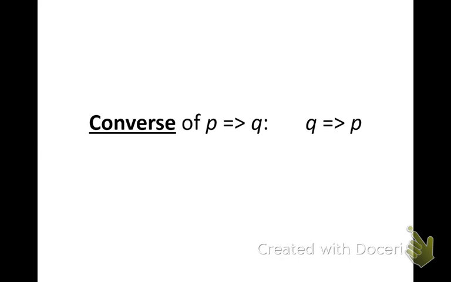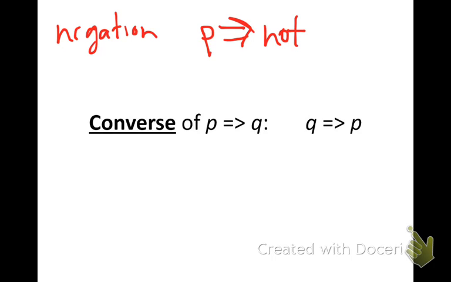Negation is if P, then not Q. You negate the conclusion. So if I have if P then Q and I negate it, I say if P then not Q.